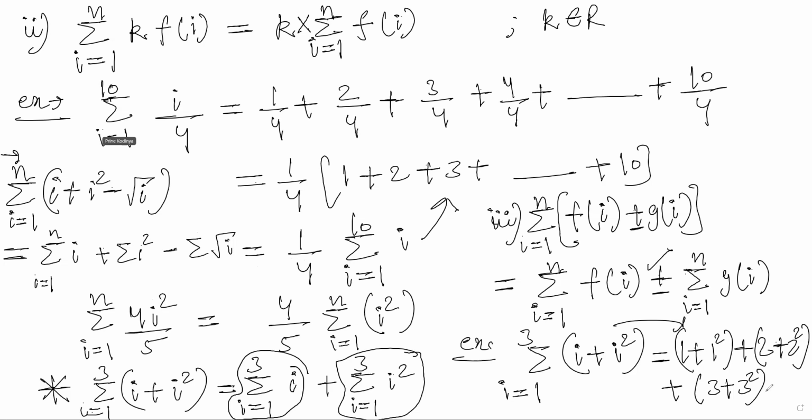Let's understand the fourth property. I mean, this is not a property, but you should remember that sigma is not distributed over addition, sorry, over multiplication and division. So let's say there are two functions, f of x into g of x, and you have been given this limit of x from 1 to n.